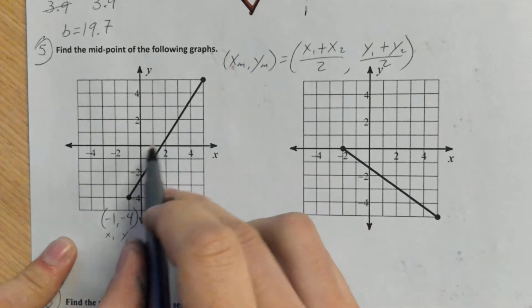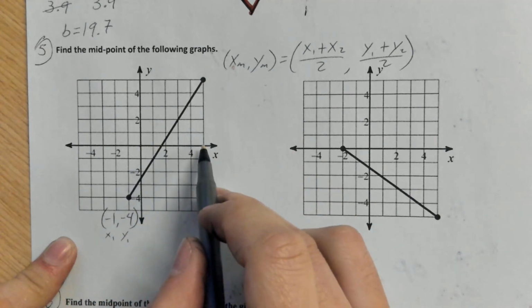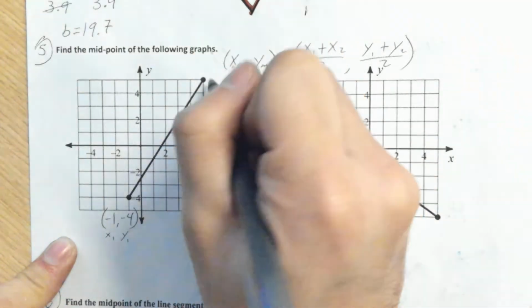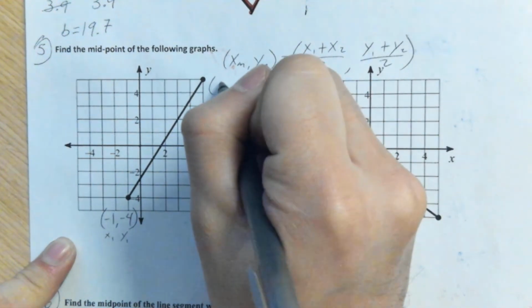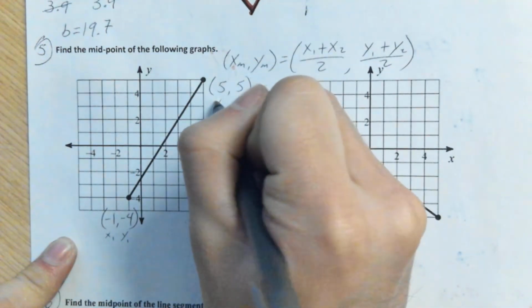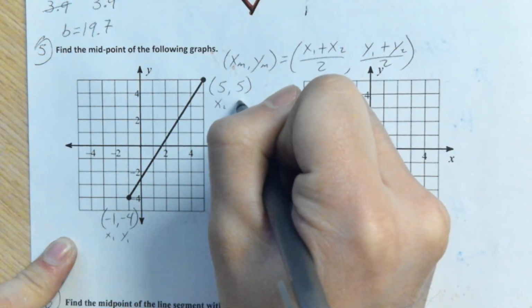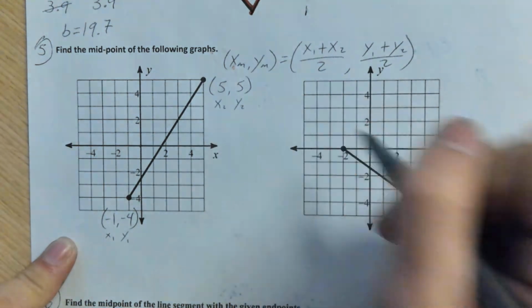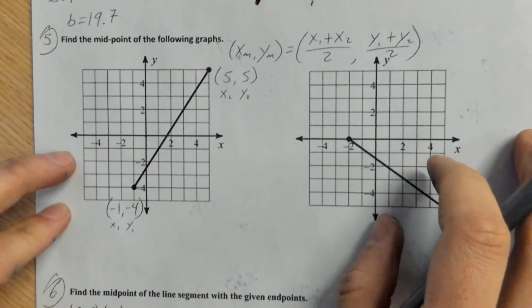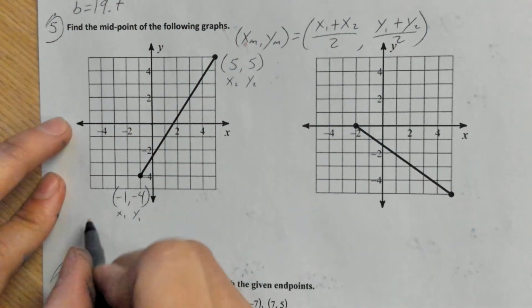Now for this point, I go 5 to the right and 5 up. So the coordinates of this point are 5 comma 5. So this is my x2 and this is my y2. I have everything I need for the first problem.